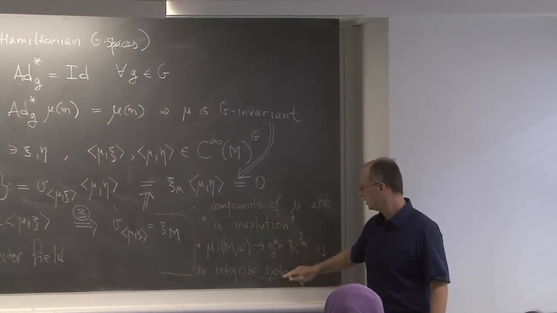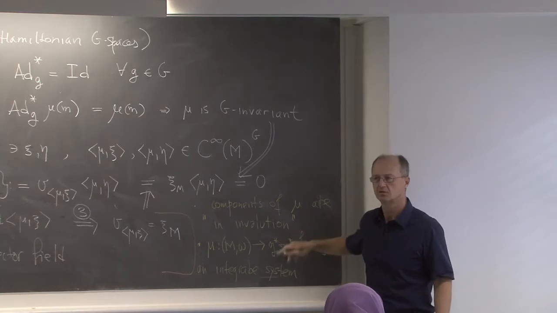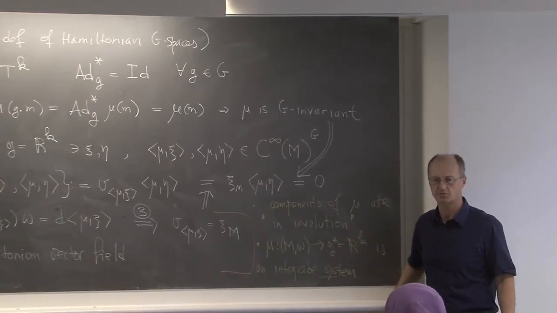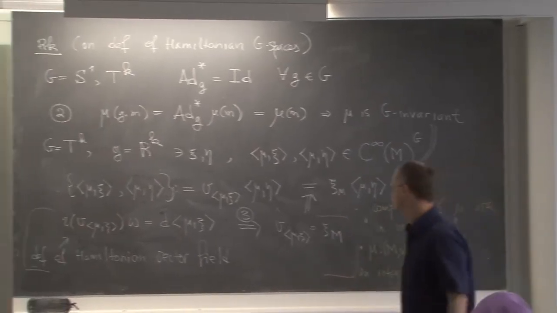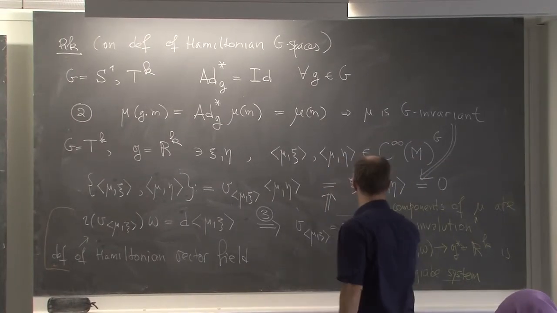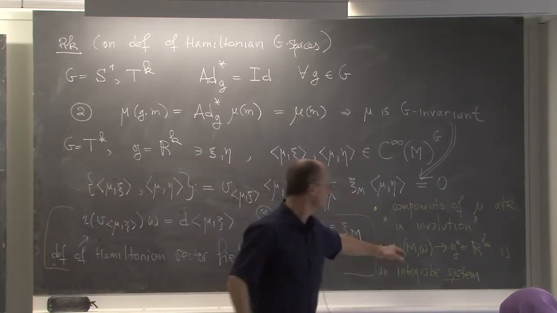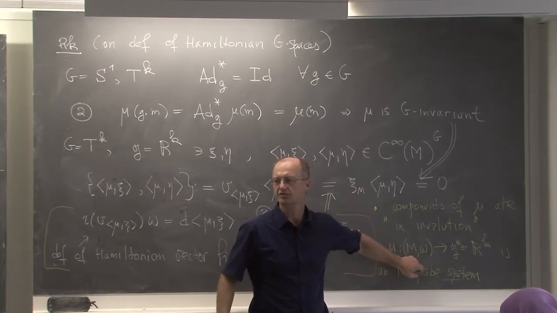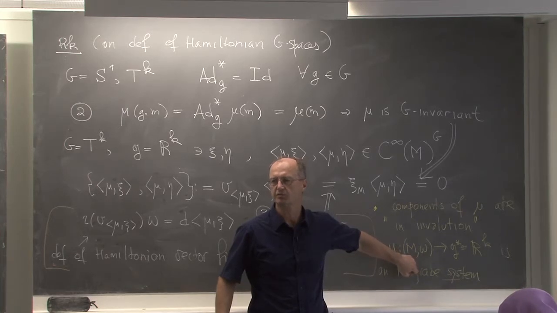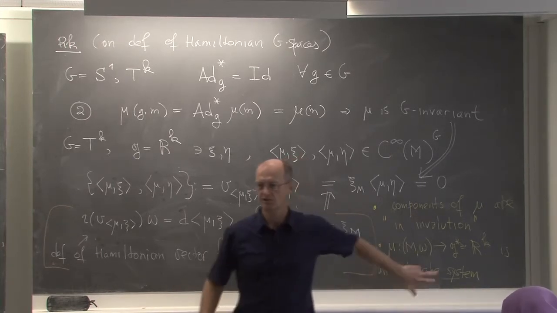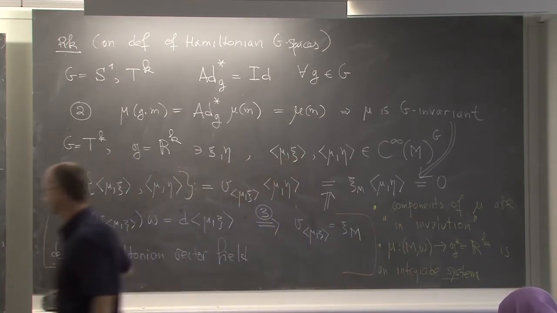So the Poisson brackets between components of this map, they all vanish. And this is an entry point to several big fields. We'll touch upon some of them in what follows in our course. Some of them we will never touch, but this is an important thing.